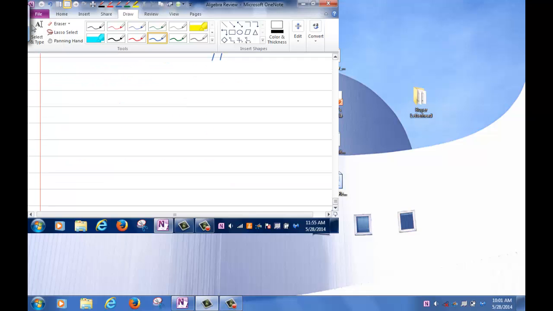Now, I want to show you the values of these trig functions for some special angles, okay? So one of them being a 45, 45, 90 degree triangle. So let's draw that.